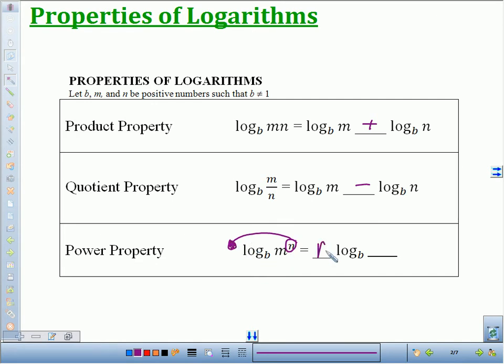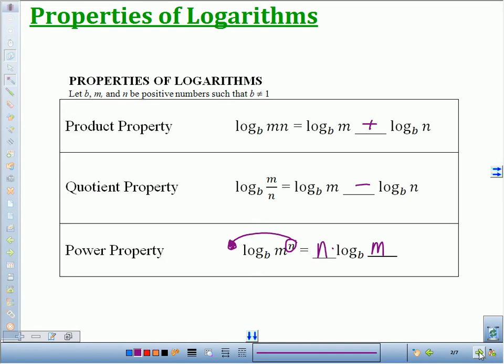So I would rewrite this as n times log base b of m. So you can see it's similar to the power of a power property in that we're multiplying, but it's a little bit different in how we do the multiplication. The n comes out front and multiplies that way.